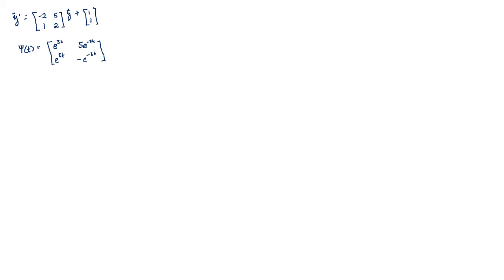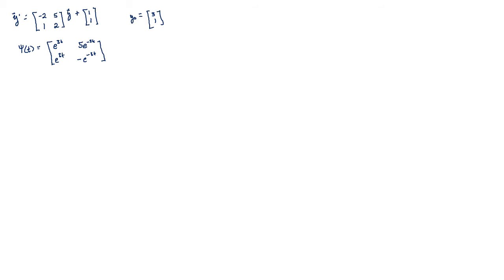And then we need our initial condition. Our initial condition was that y0 was the column vector 3, 1. They told us that y1 of 0 was equal to 3, and y2 of 0 was equal to 1.